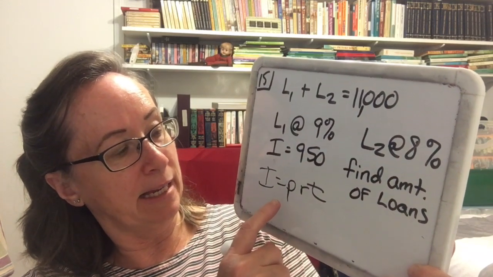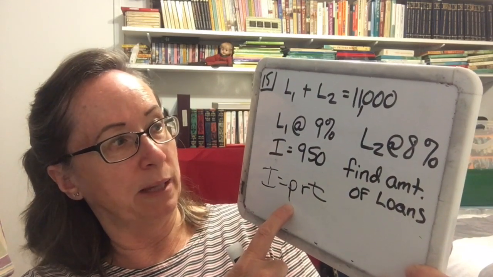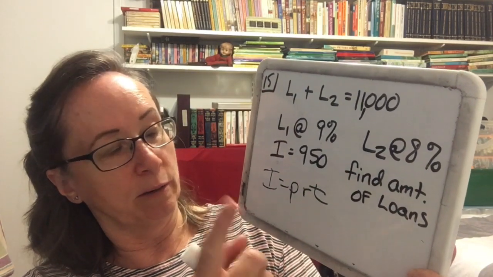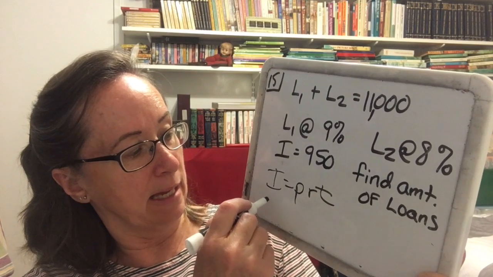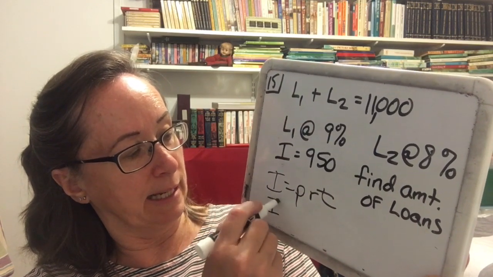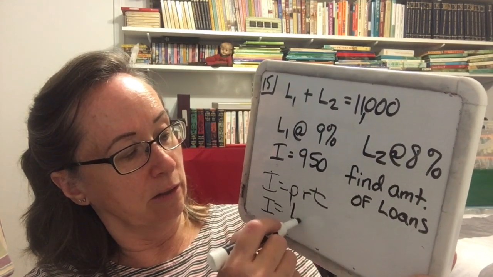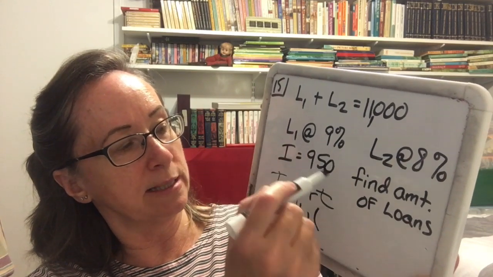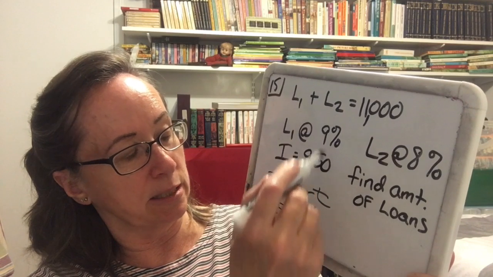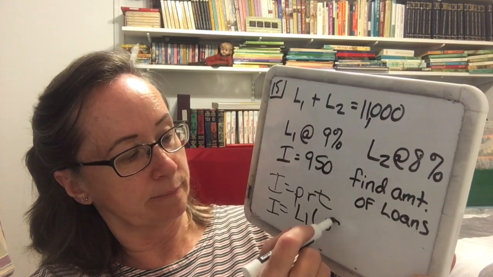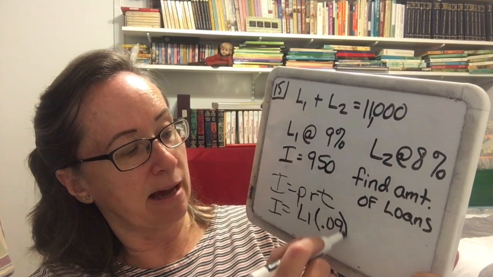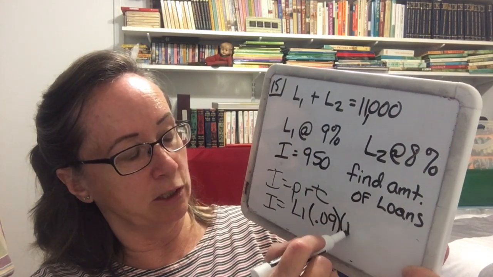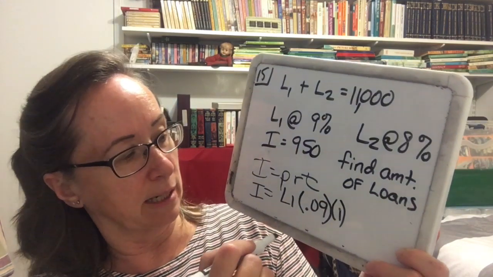So we'll say interest is going to end up being loan 1 times loan 1's interest rate, which is 0.09, and the time that they're going to keep it in there is 1 year. So we can just put a 1 or ignore it totally.